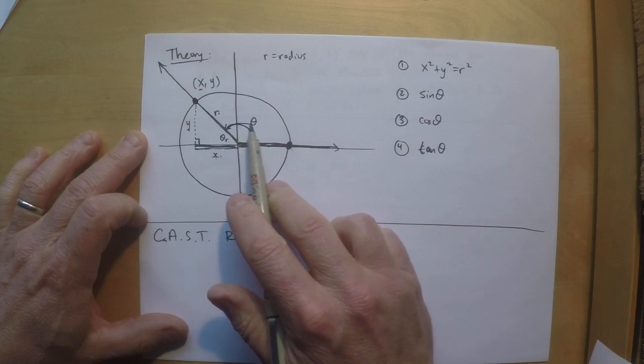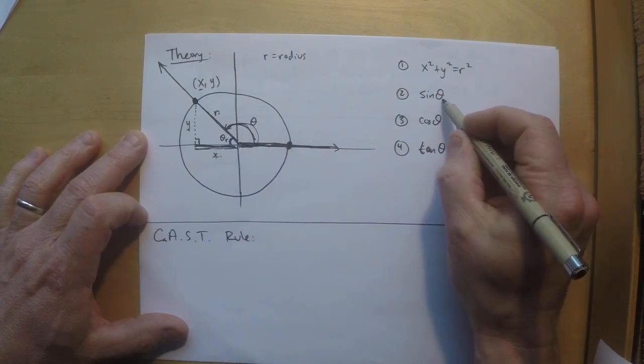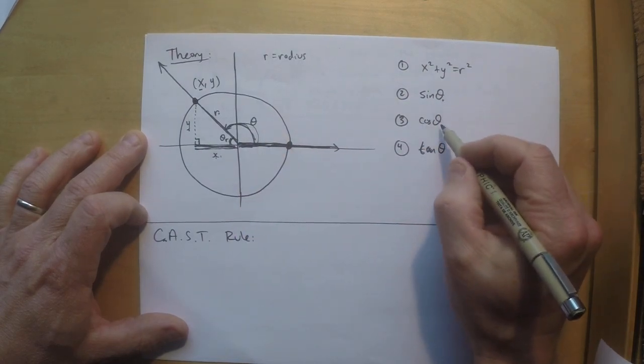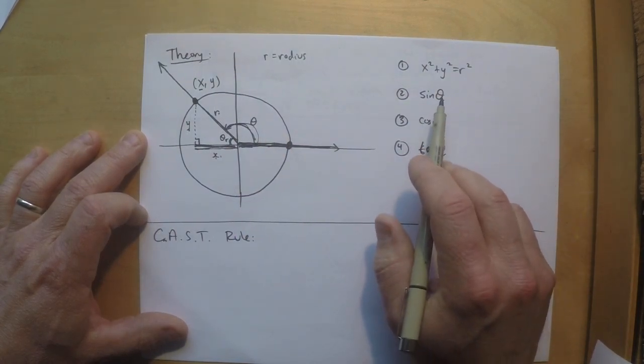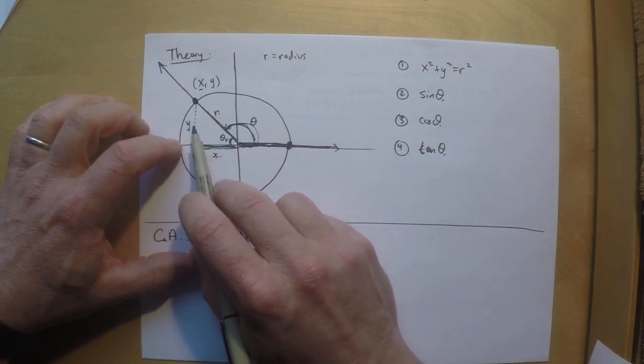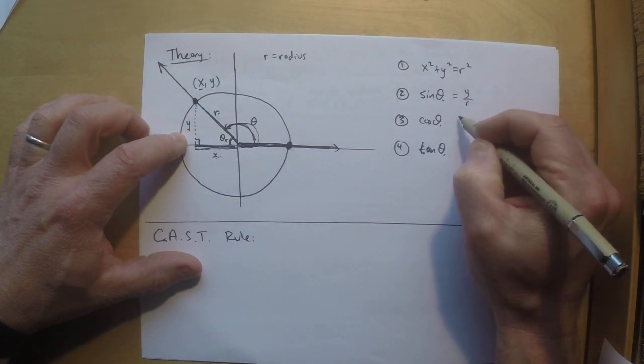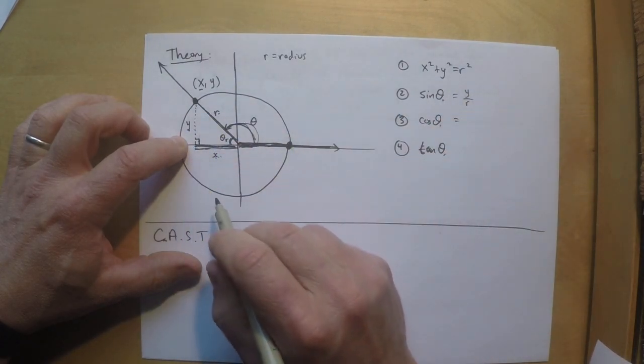Even though we're talking about this angle here, we're using the reference angle in our mind, so to speak. So sine of the angle is opposite, which is y over the hypotenuse r.